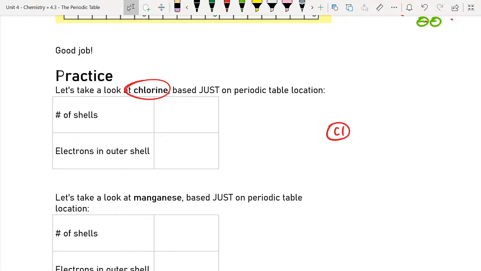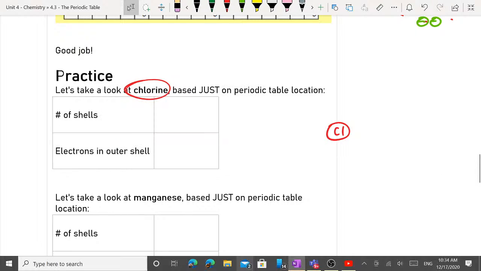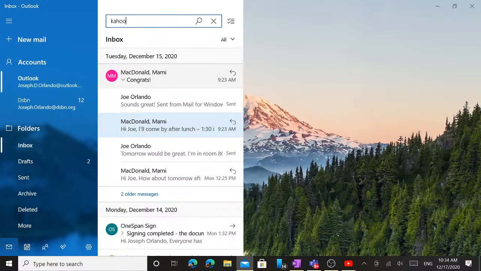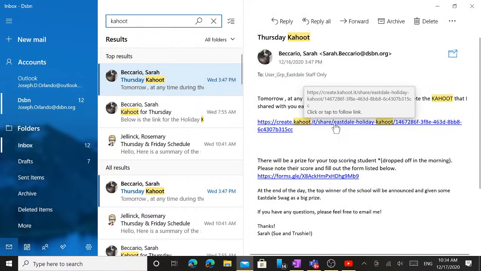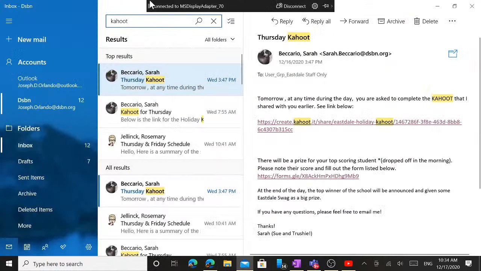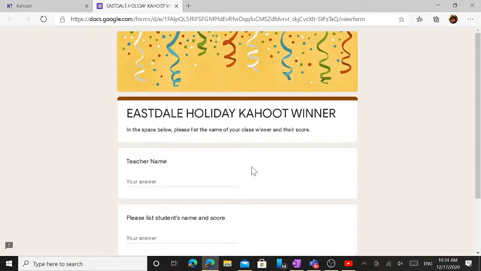Get those filled in. Manganese, not magnesium. Manganese.